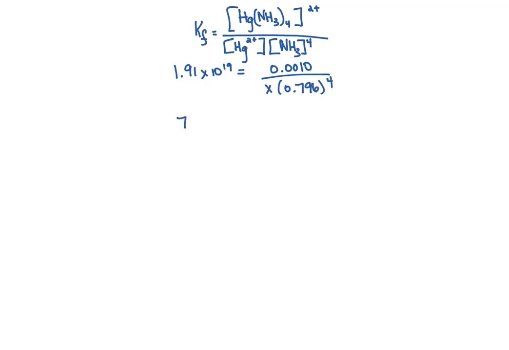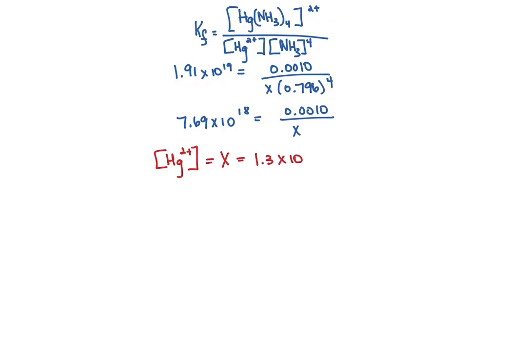I'm going to clean this up a little bit. And I'm going to solve for x. Solving for x means I've solved for the concentration of mercury, and this equals 1.3 times 10 to the negative 22 molar.